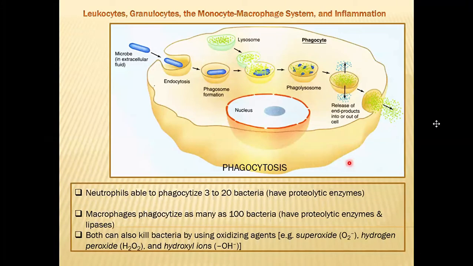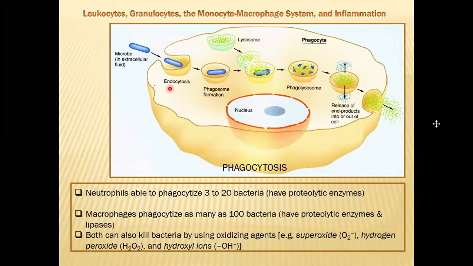This is a schematic representation of phagocytosis. This rod-shaped blue thing represents a microorganism, a microbe, when it's taken up by a phagocytic cell. Let's say this one is a macrophage.